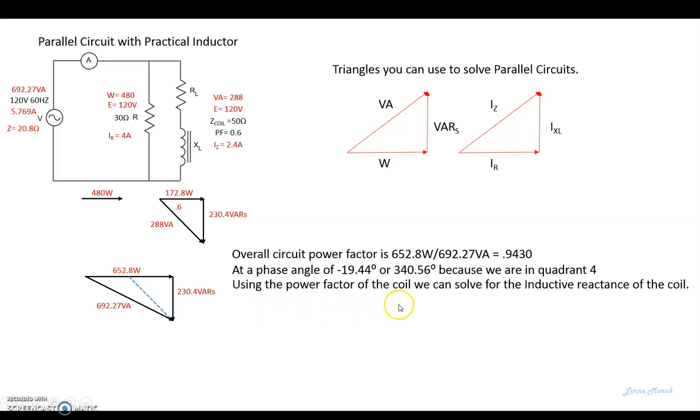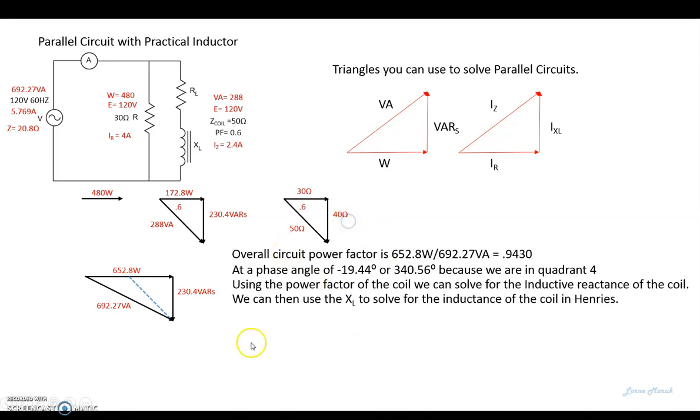Using the power factor of the coil, we can now solve for the inductive reactance for the coil. And here we can use the impedance triangle just for the inductor. Transfer the power factor, it'll be the same. Take our impedance, solve for our reactance using Pythagoras or a trig.